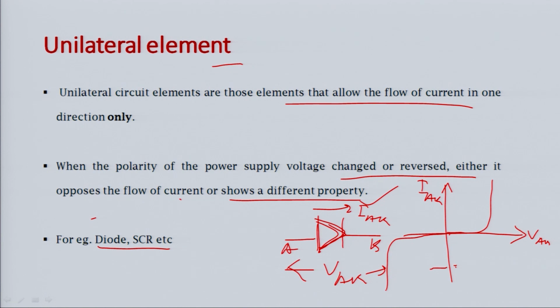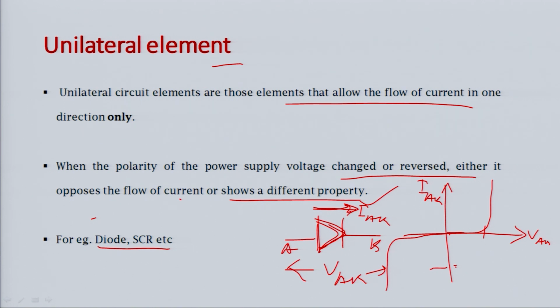This is the knee voltage. So when the voltage polarity is changed, its property is changed. The diode is not behaving in a similar fashion as the voltage is reversed, so it only allows the flow of current in one direction.